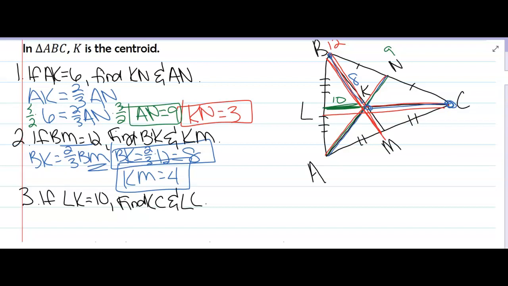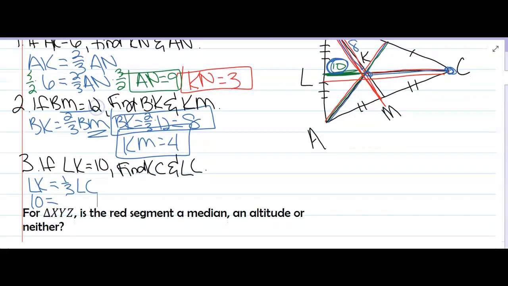Well, if that's 2/3 of the whole length, this is 1/3 of the whole length. So LK is 1/3 of LC, which is the median, the whole thing. Well, I know LK is 10, so 10 is 1/3 of LC. Just like we did before, multiply by the reciprocal, which is just going to be 3. So LC, the entire median, is going to be 30.